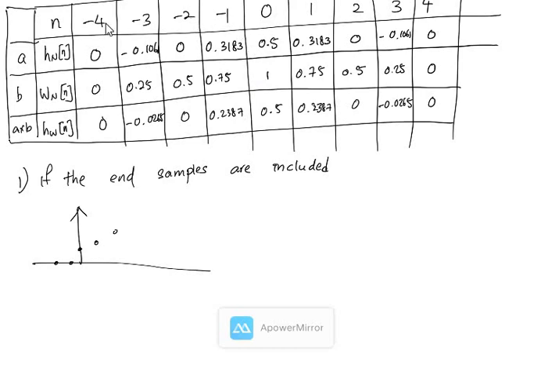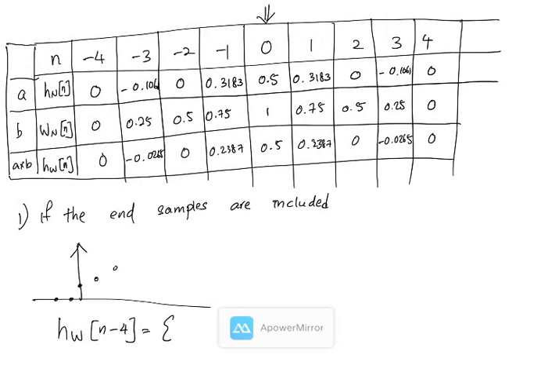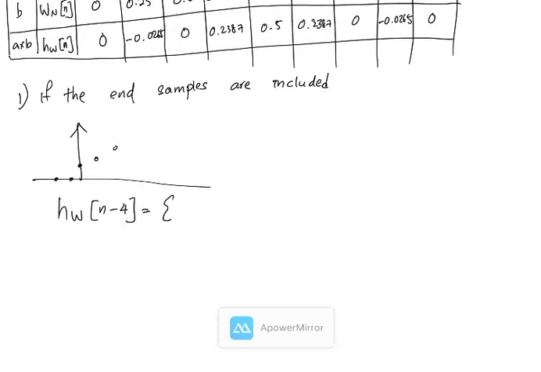If the nth sample is included, this is the last sample. So a delay of 4 samples, hw[n minus 4]. This means that you move the origin to here, and the values are the same. So I write down the values here: 0, negative 0.0265.